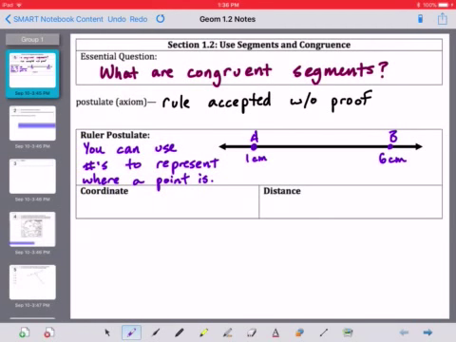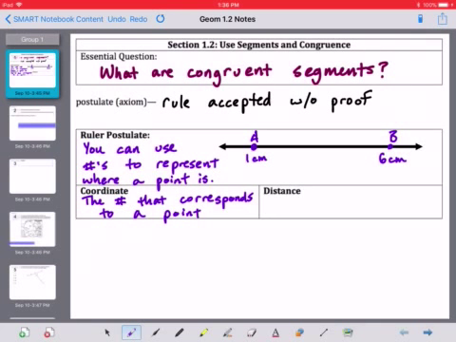Now, those numbers, 1 centimeter and 6 centimeters, are the coordinates. The coordinate is the number that corresponds with a point. When you plot a point on a graph, for example, the ordered pair (1, 2) tells you where that is.